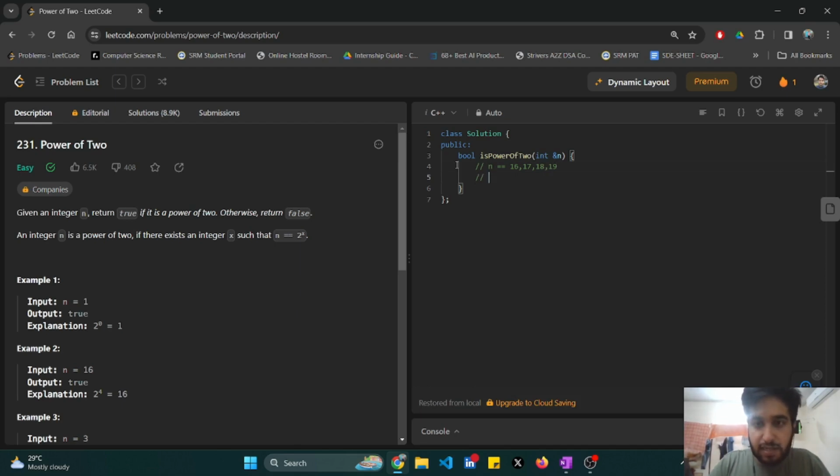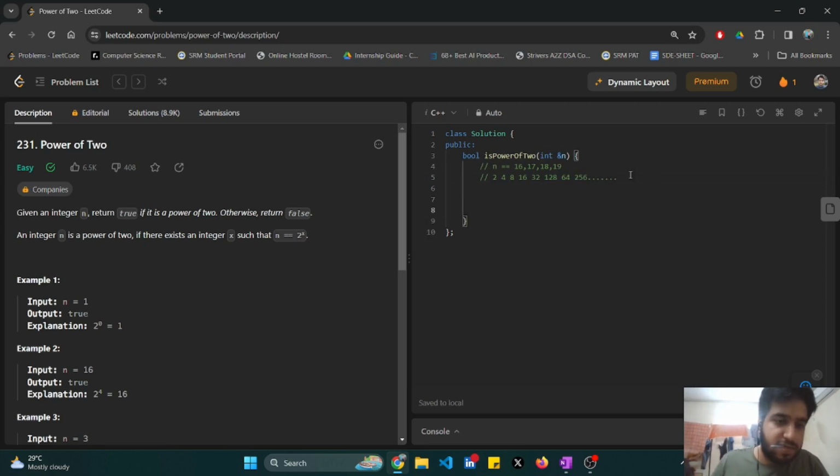The powers of 2 are 2, 4, 8, 16, 32, 64, 128, 256, and so on, extended to any number. So if the integer n is a power of 2, then we have to return true, else we have to return false.